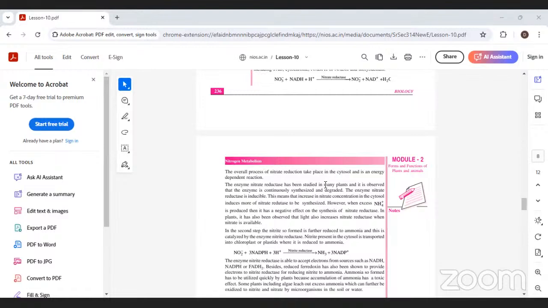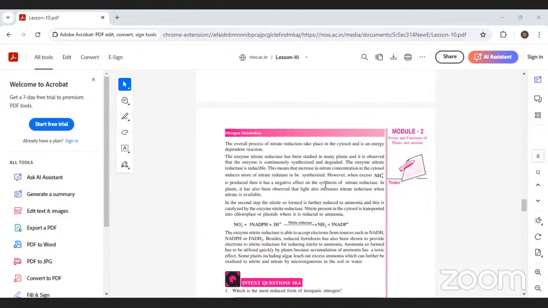This means the increase in nitrate concentration in the cytosol induces more of the enzyme to be synthesized. However, when excess ammonia is produced, it has a negative effect on the synthesis of nitrate reductase. In plants, it has also been observed that light increases nitrate reductase when nitrate is available.